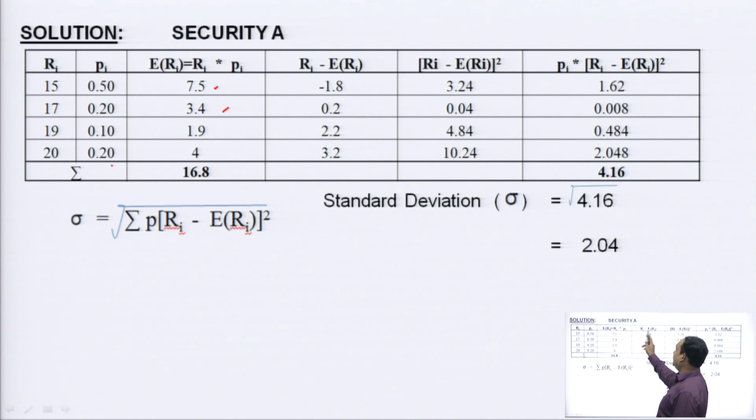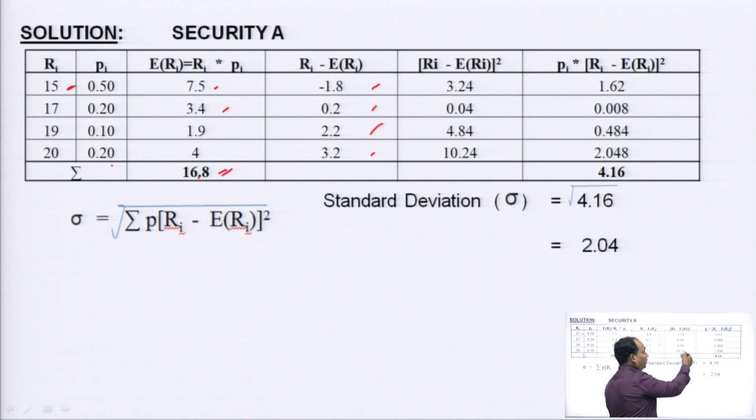Now we find the deviation between the possible return and the expected return. 15 minus 16.8 is minus 1.8, 17 minus 16.8 is 0.2, 19 minus 16.8 is 2.2, and 20 minus 16.8 is 3.2. Then we take the square of each: the square of 1.8, of 0.2, of 2.2 and of 3.2.